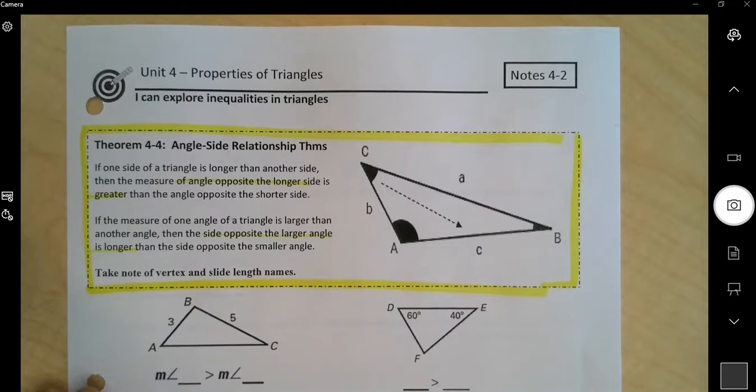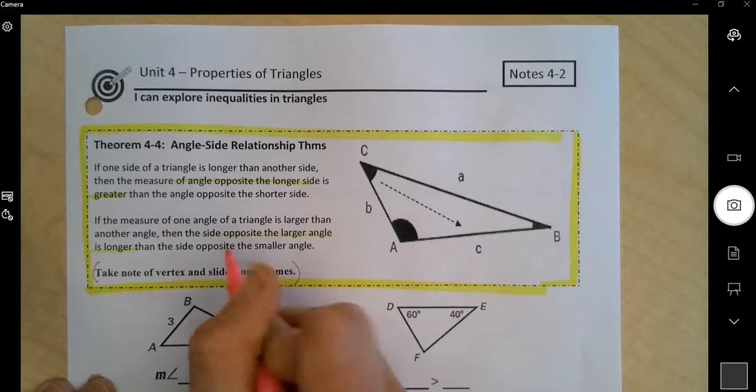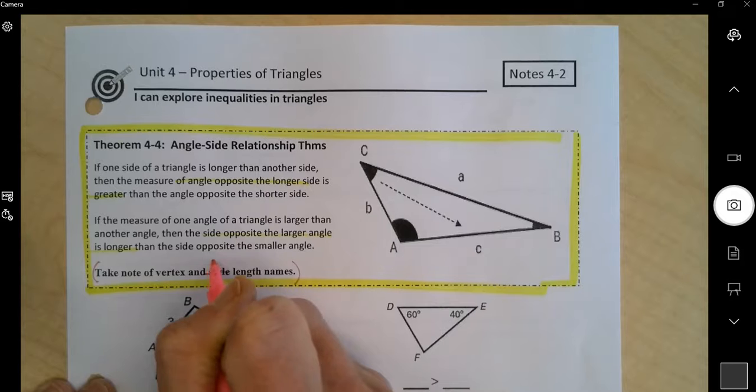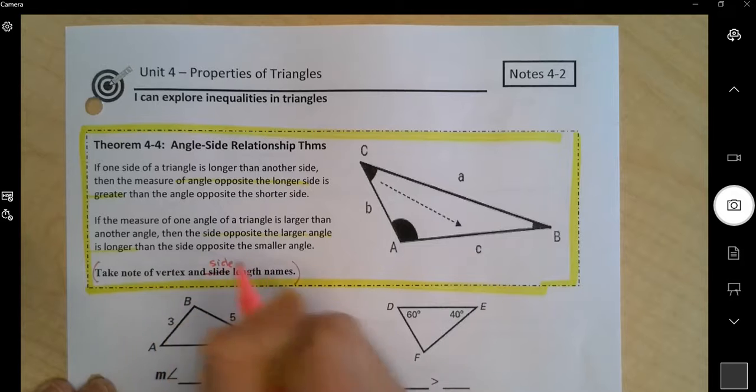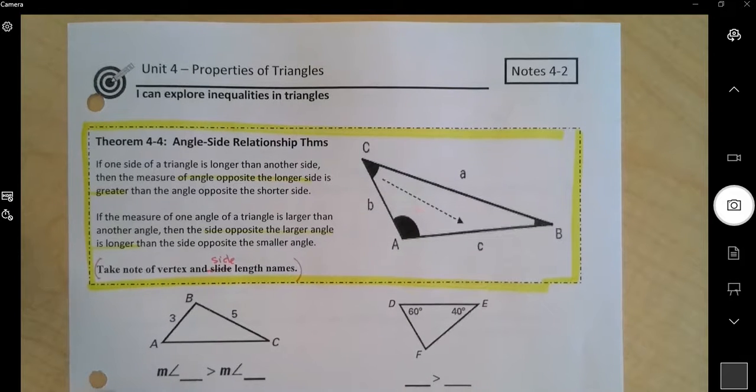Then it tells me to take note of vertex and side length names. So here's how we name triangles. Are you ready?